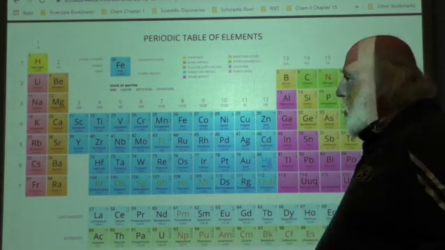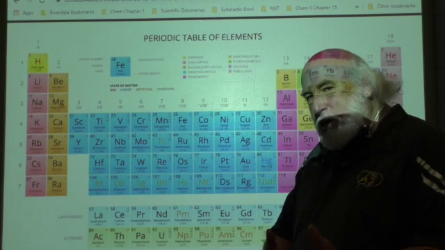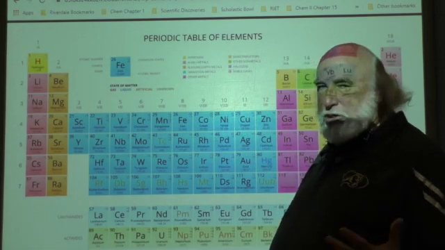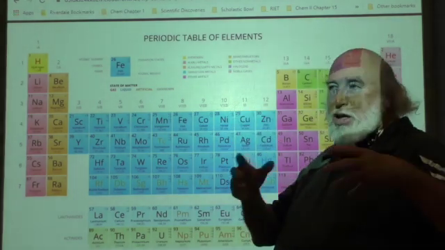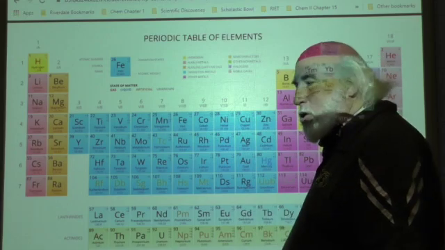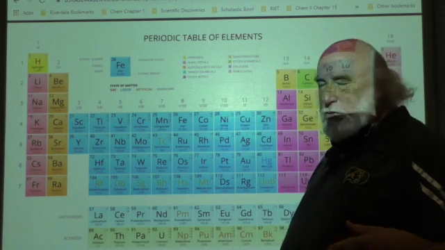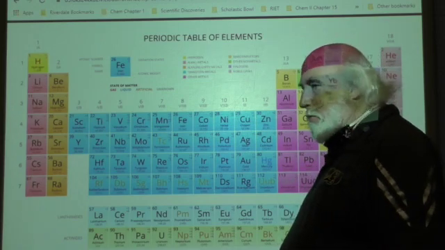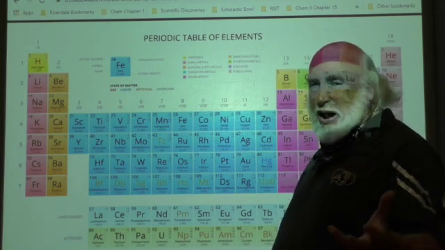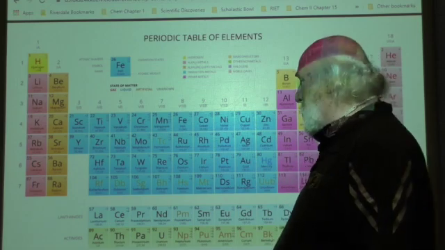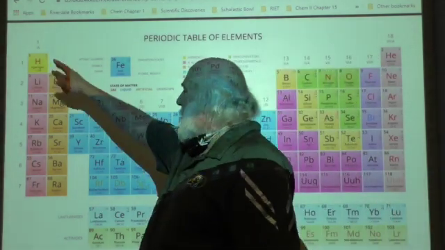All right, but the resulting solution after the reaction is completed, the violence is done, and the sodium is completely used up in that reaction with water, is what we call a basic solution, where the pH is greater than 7. That's called an alkali solution. So these are called the alkali metals.